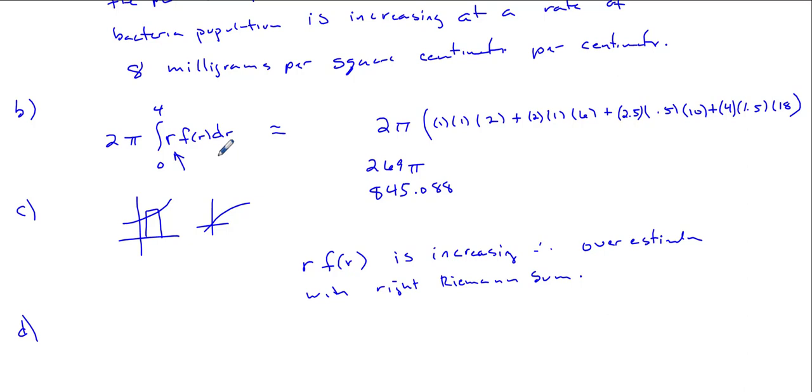They gave us g of r. You use the average value formula, right? That'd be 1 over b minus a, antiderivative a to b, g of r dr. So it's 1 over 3, antiderivative 1 to 4, g of r dr.